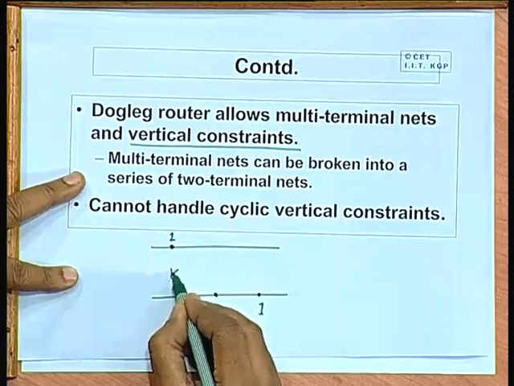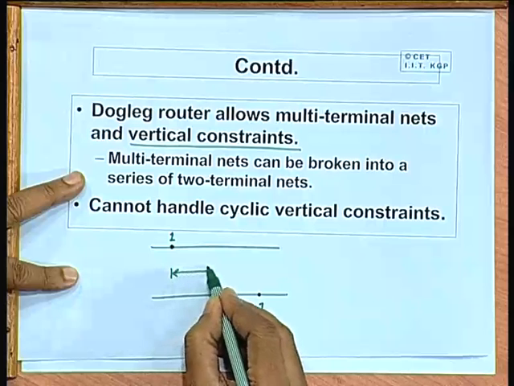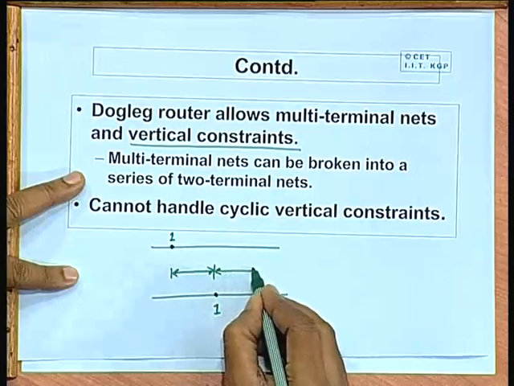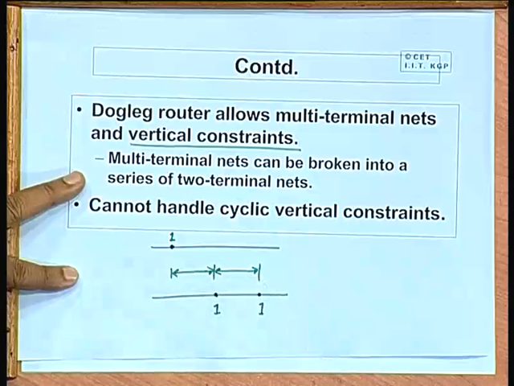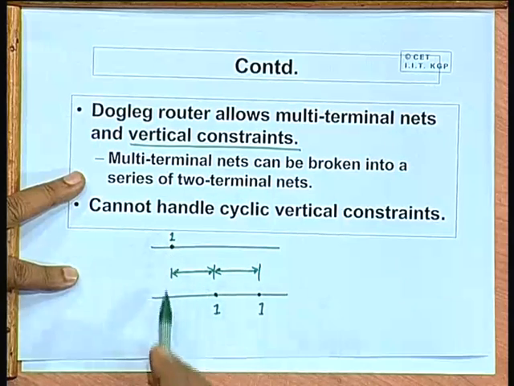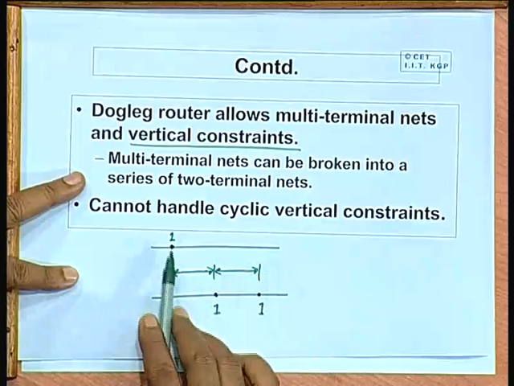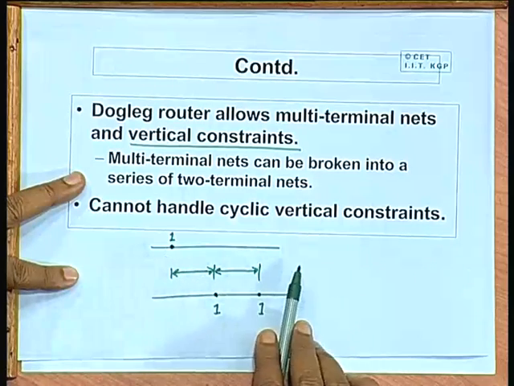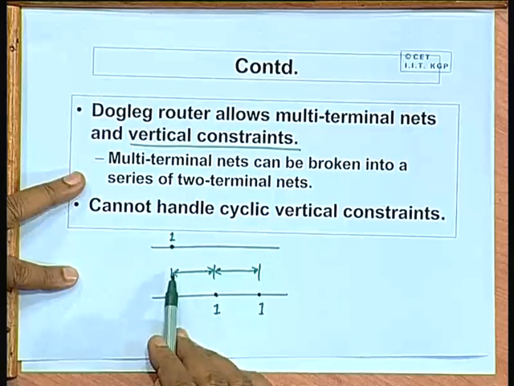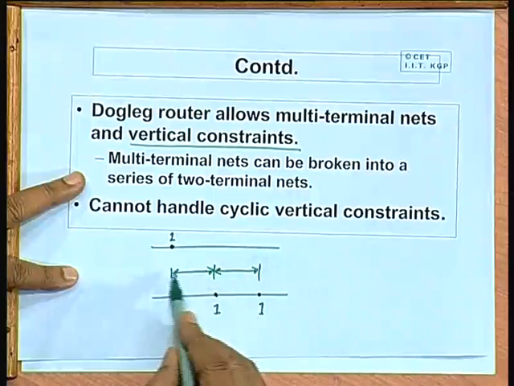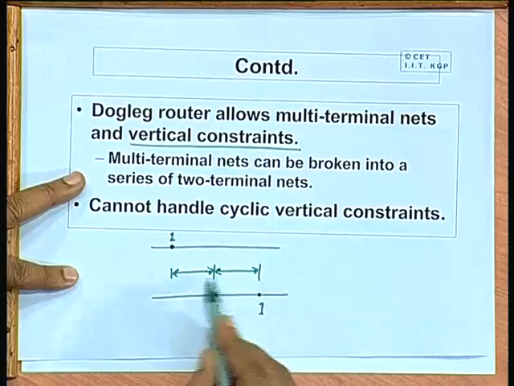The first one will start here and end here, the second one will start here and end here. Starting from the leftmost boundary, as you go on sequentially scanning the terminals of the net from left to right, you take the two-terminal nets which come in the way and break it up that way. So, if there are 4 terminals, there will be 3 such two-terminal nets, one after the other.